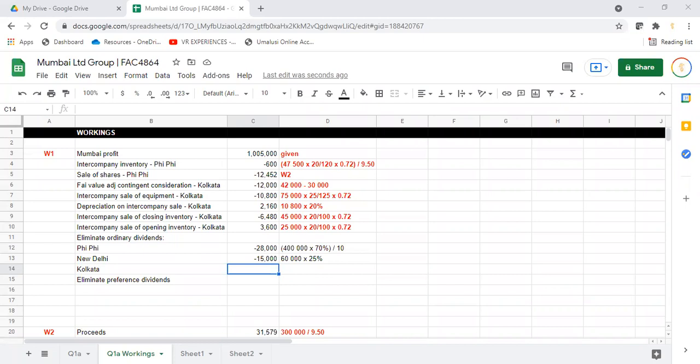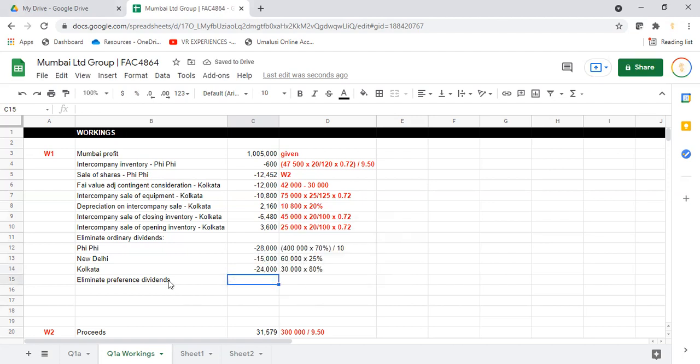There was no change in ownership. So of that 30,000, we received our interest of 80%. Therefore, what we need to remove is 30,000 times 80%. So we have to remove 24,000.